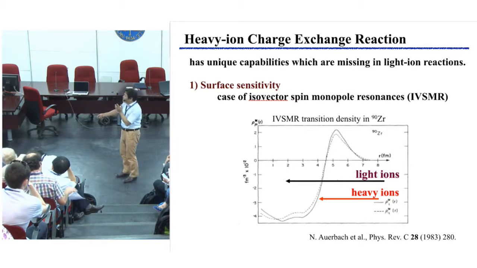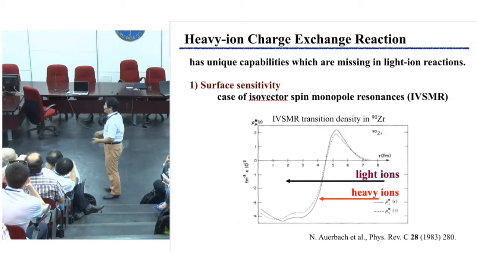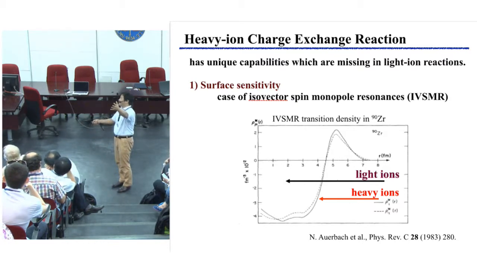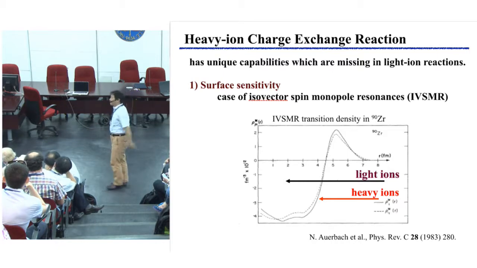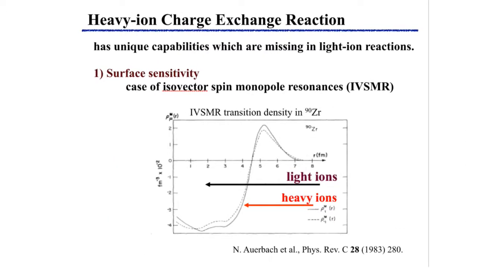Because it is a higher tone of the Gamow-Teller resonances, its transition density has a node close to the nuclear surface. If we use a light ion in this reaction, it penetrates deep inside the nucleus, and then a strong cancellation between the contributions from the outer side and the inner side takes place, which results in a very small cross section.